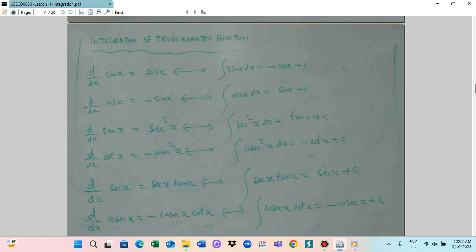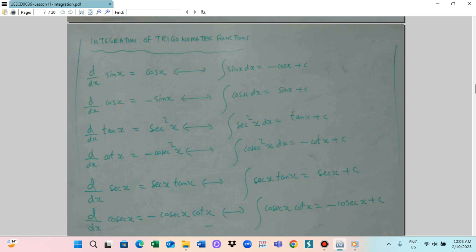The integration of secant A tangent A is equal to secant A plus C. And also d by dx of cosecant A is minus cosecant A cotangent A. So this is also opposite. Integration of cosecant A cotangent A is equal to minus cosecant A plus C.